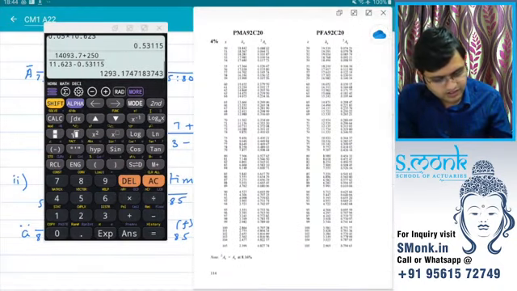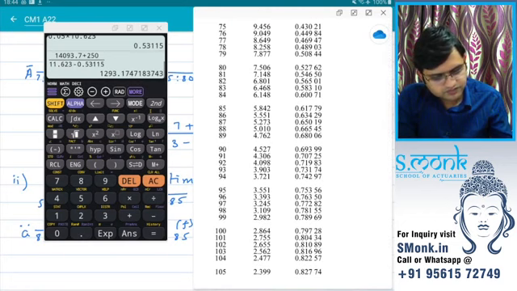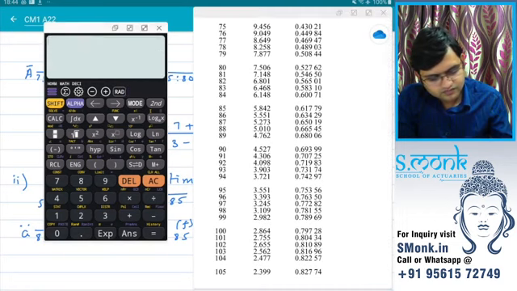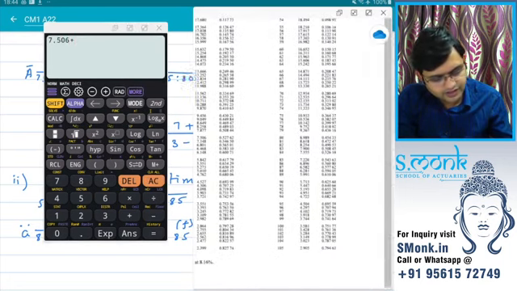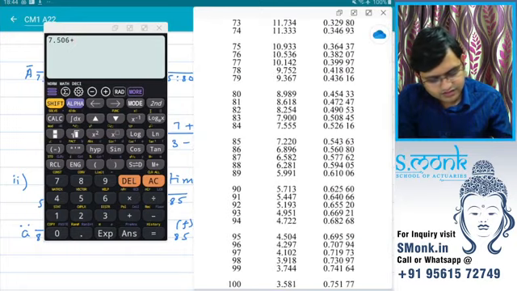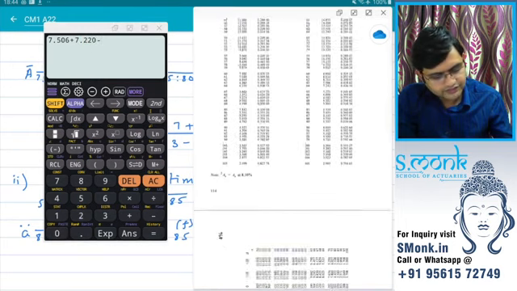A due 80 for male is 7.506, plus 85 for female 7.220, minus joint life.